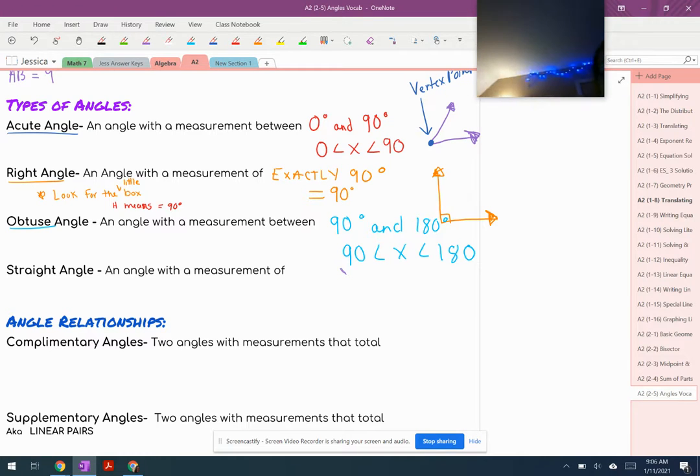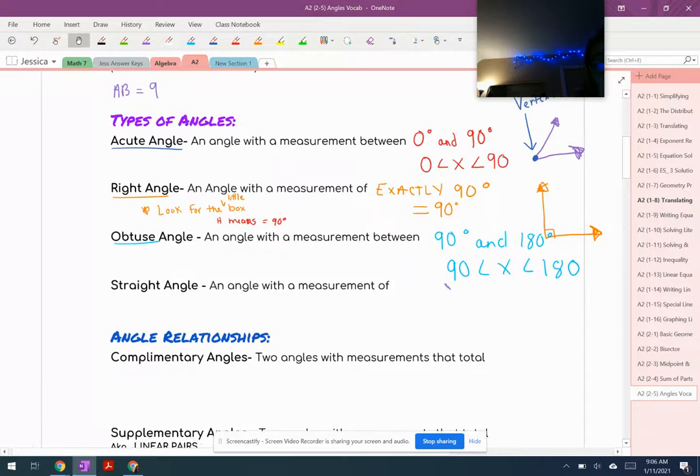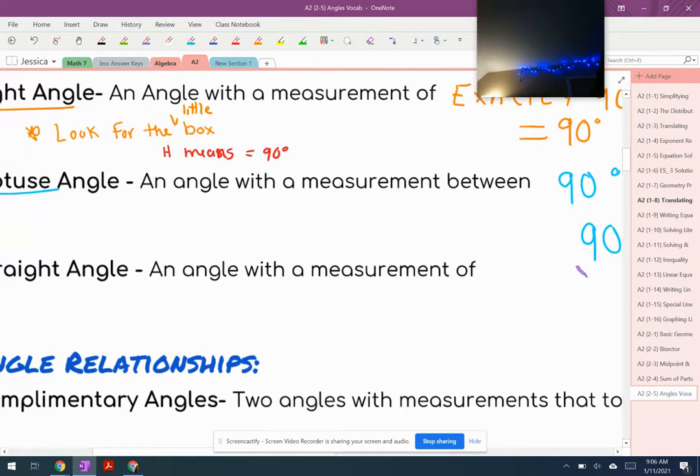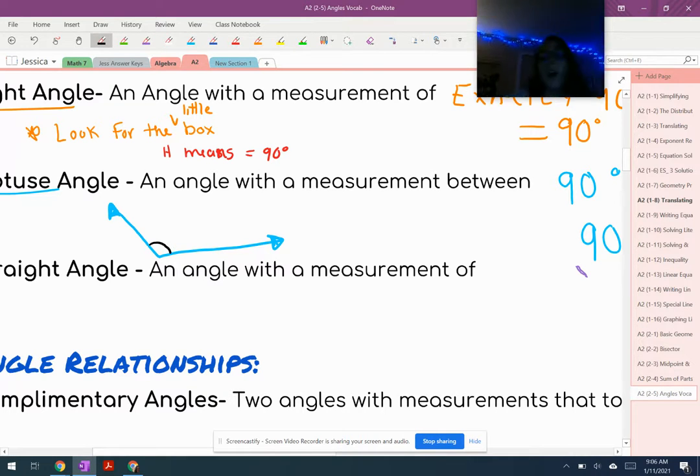So an example of an obtuse angle might be something that looks like, I'm going to draw it in here. Something that looks like this, where that opening here is greater than 90 degrees, but less than 180.